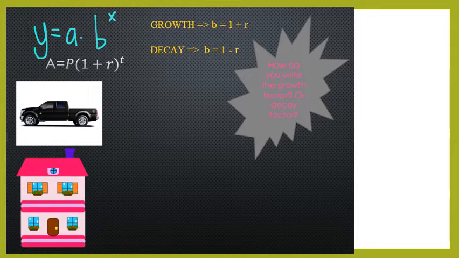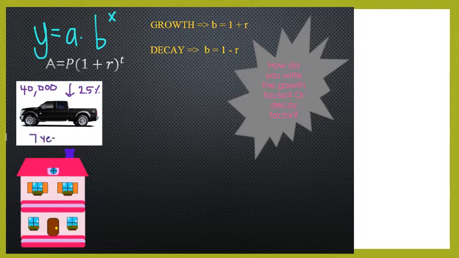Typically, houses appreciate and vehicles depreciate. So let's say you buy this truck and it is $40,000. Trucks are expensive nowadays. And let's say the dealer told you that it's going to decline approximately 2.5% every year. Probably way more than that, but just pretend. And you want to know, what is your truck going to be worth after 7 years?